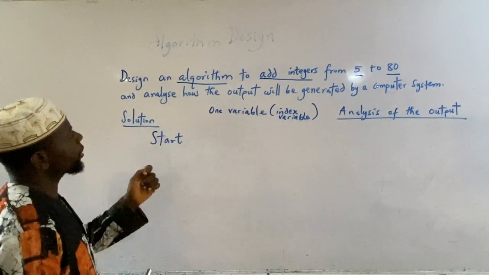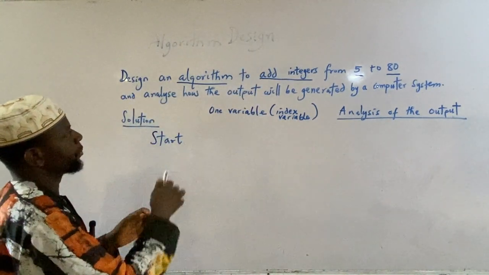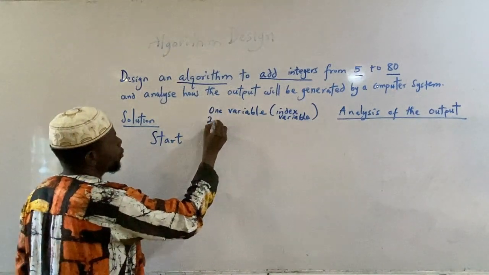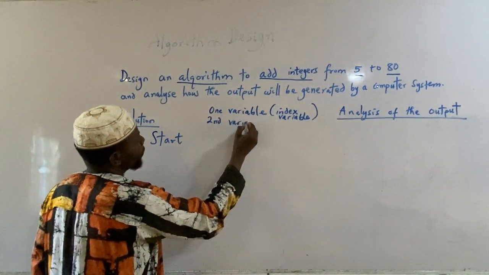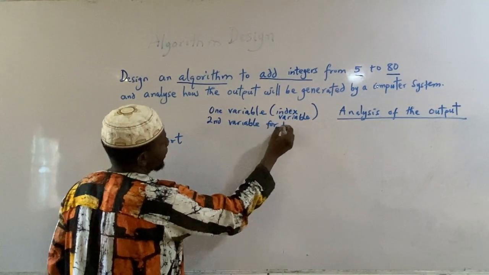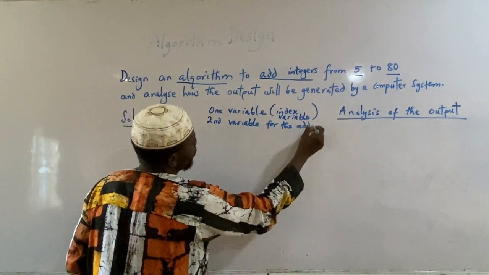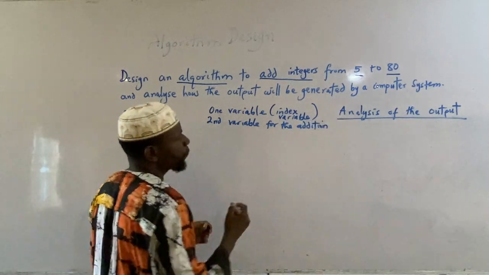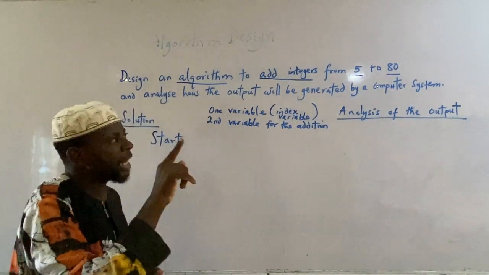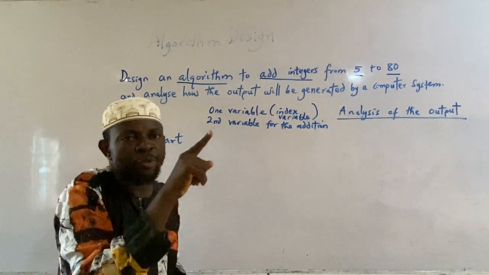Also, because I want to engage in addition, I need another variable, which will be the second variable for the addition. What we use the index variable to do is to reference each value within the loop.